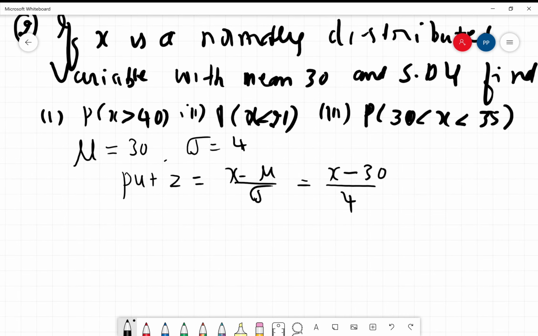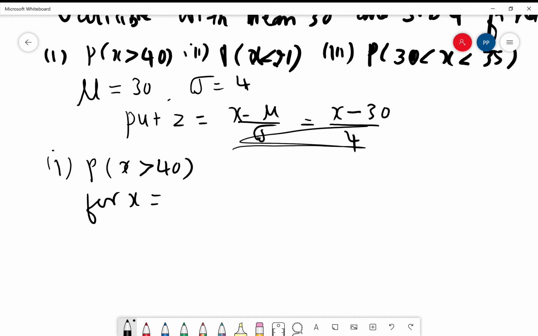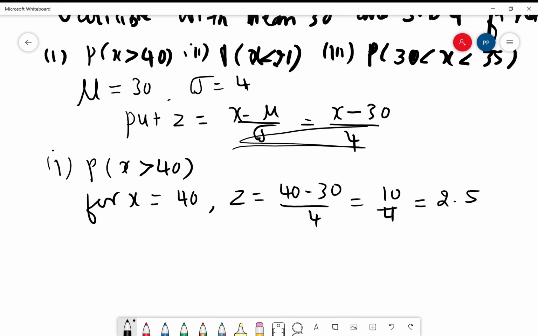The first one is we have to find P of x greater than 40. Now we have to convert this into a standard normal variable z using this substitution. For x equals 40, z equals 40 minus 30 by 4, that is 10 by 4, which equals 2.5.